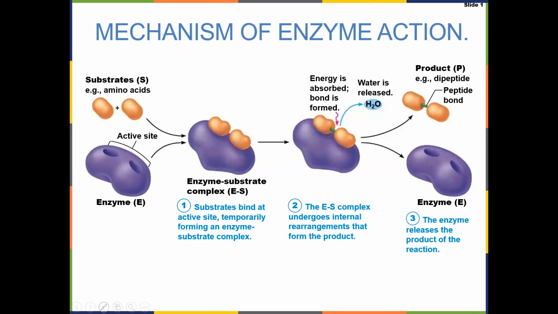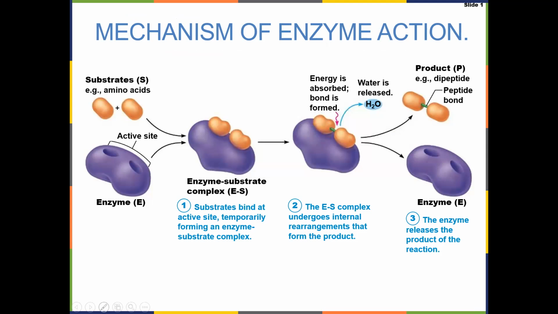Now, this is a good little example here. Here we're linking amino acids together. Amino acids are the components that make up proteins. And so an enzyme can take two random amino acids that fit in its active site. They're not just so random there, they have to fit there.